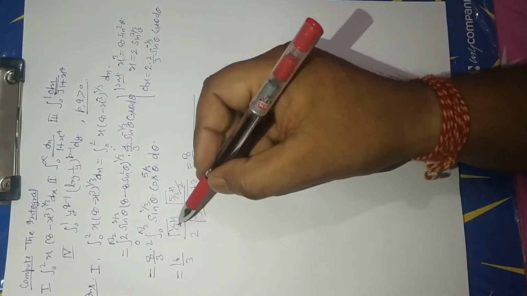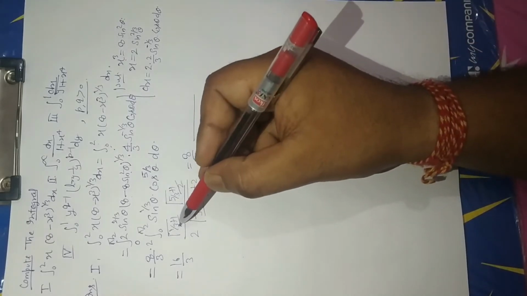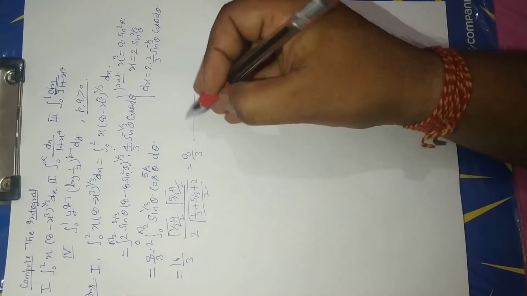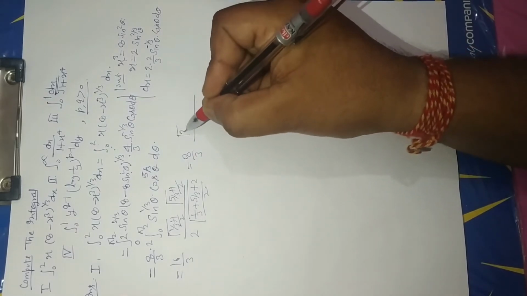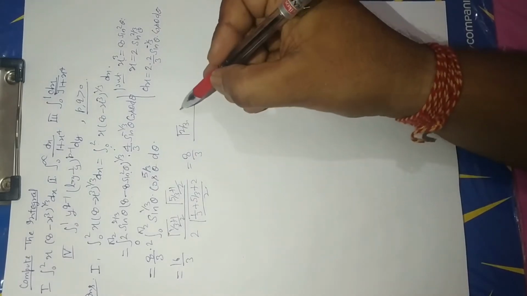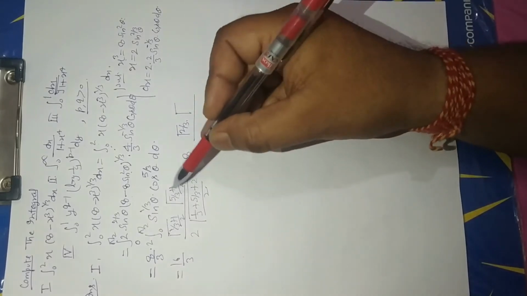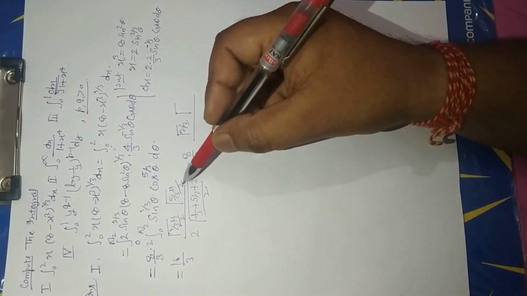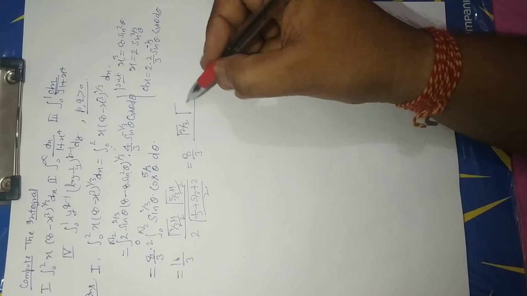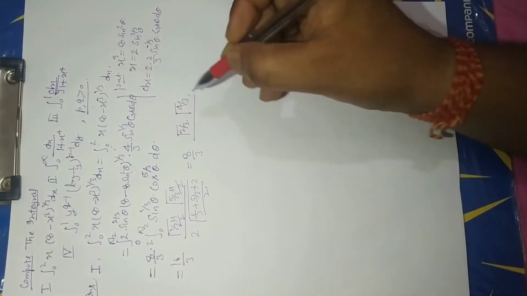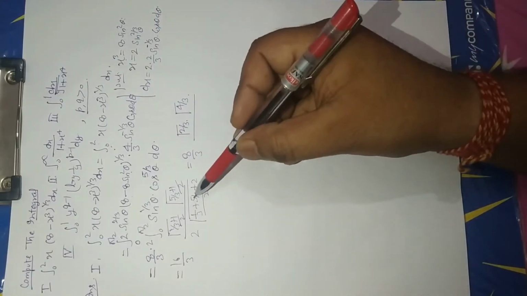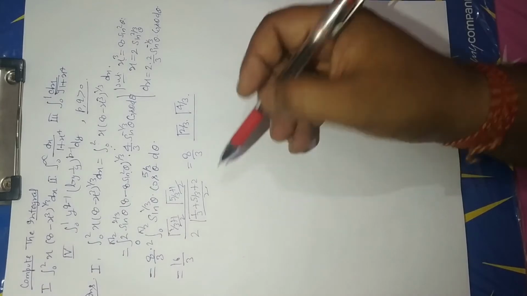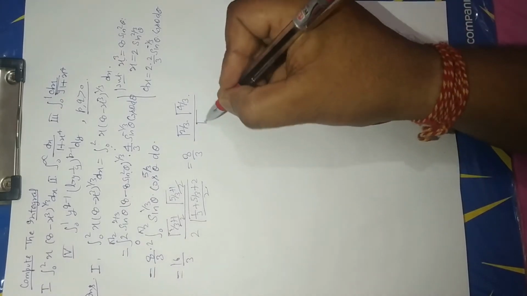Now 4/3 into 2, now Γ(2/3). This is equal to Γ(8/3). This is equal to 4/3. Now this is equal to 2 plus 2, 4, Γ(2).